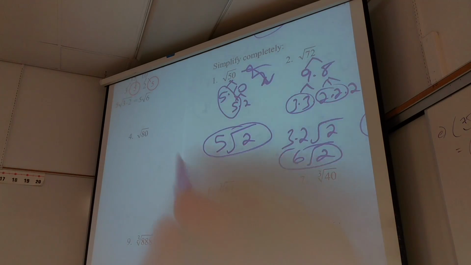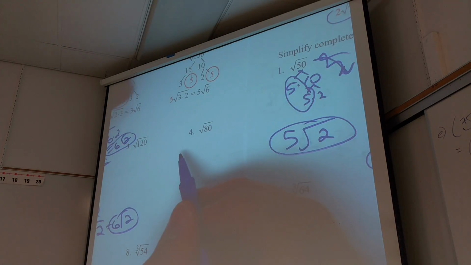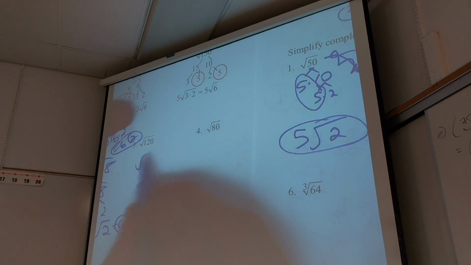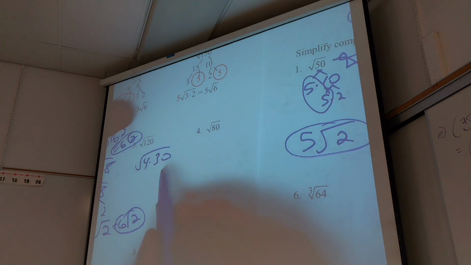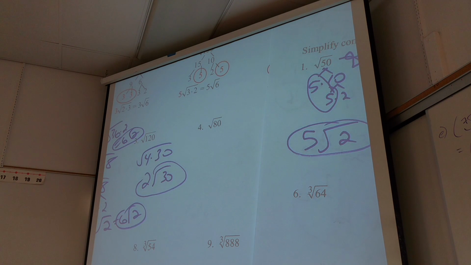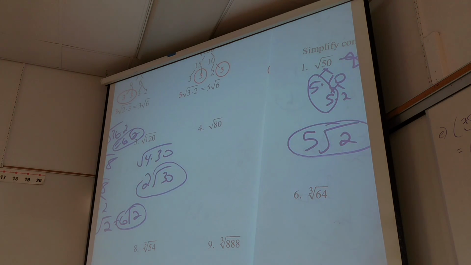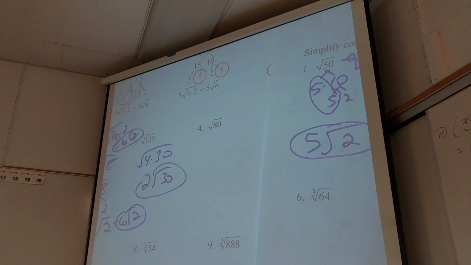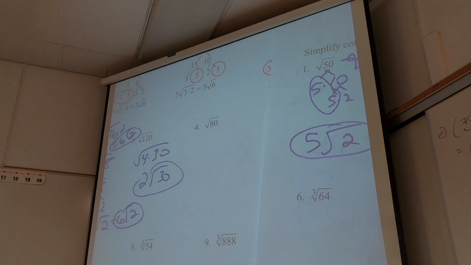So if I do it the other way, the biggest square number that goes in is 4. 4 times 30. Square root of 4 is 2. Square root of 30, I don't know, so I get the same answer either way, thank God. Okay, hopefully one of these ways makes sense. There's no real third way. So it's some combination of these things.